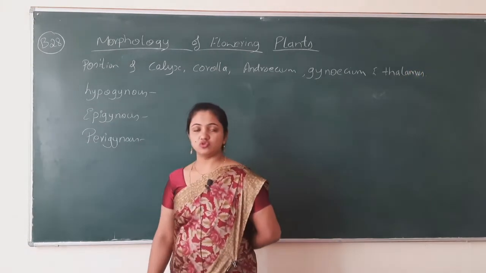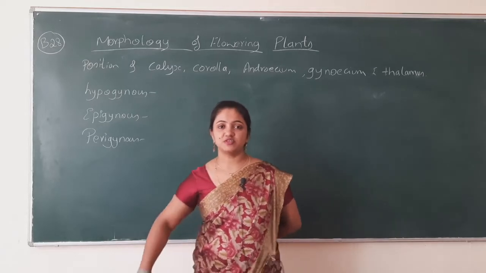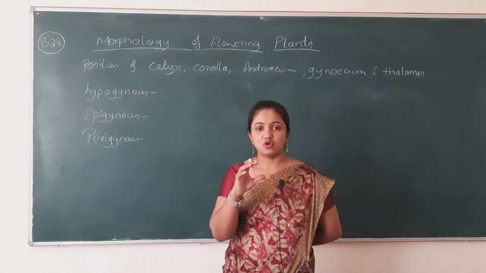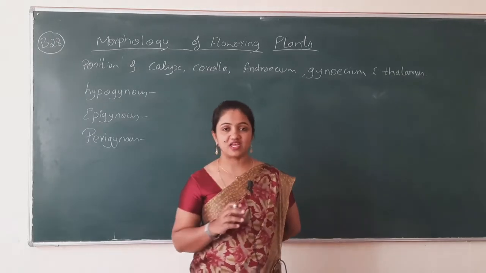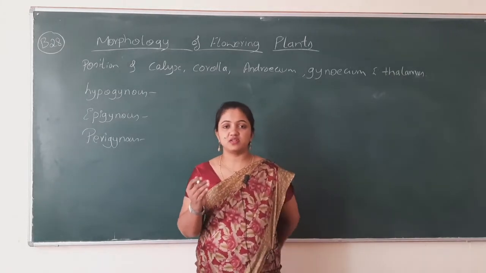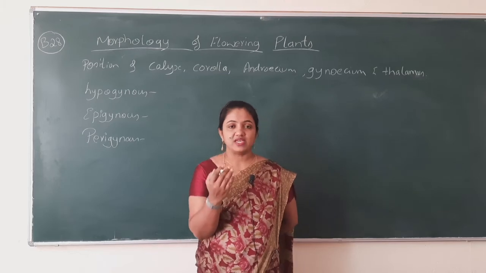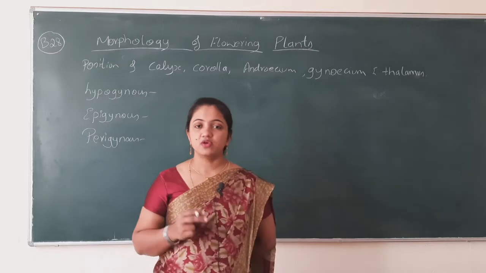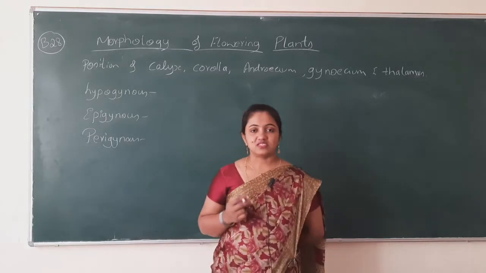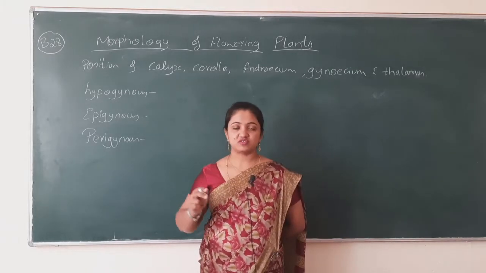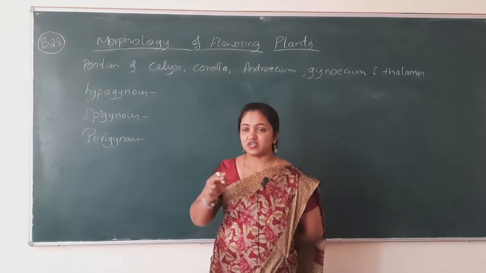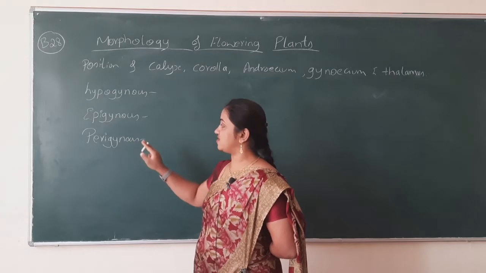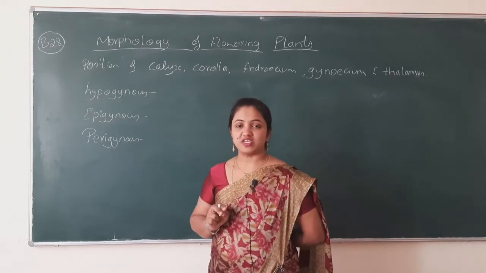In yesterday's session you learned the structure of flower. You saw the position of thalamus or the receptacle and ovary and calyx, corolla, gynoecium and Androecium. So we will see all these structures one more time so that we can easily get what is hypogynous, what is epigynous and what is perigynous.